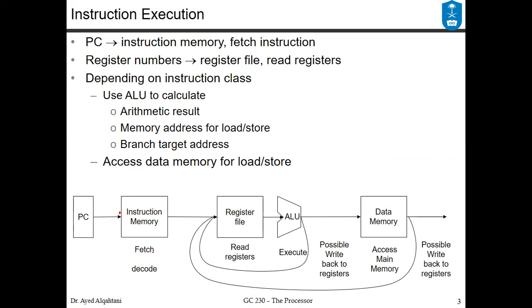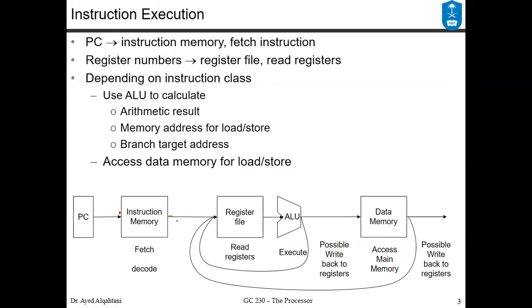So we do the fetch, meaning that we are fetching the instruction out of the instruction memory, and then we start decoding the instruction, which means that you are splitting the fields of the instruction. You get the opcode, the specific registers, an offset or an immediate value if there is one, things like this. So you decode the instruction.